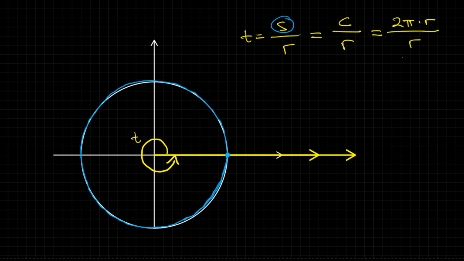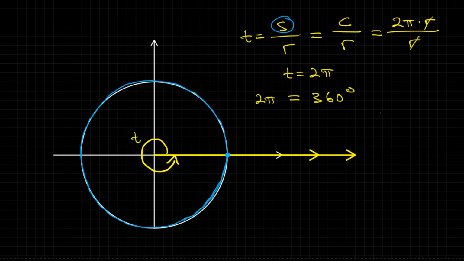And of course the radius is the radius, but now I see that the radii cancel, and so this particular radian measure is t equals 2 pi. Another way to say the same thing is that 2 pi radians is the same thing as 360 degrees.